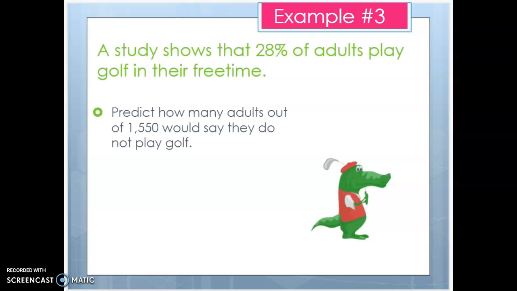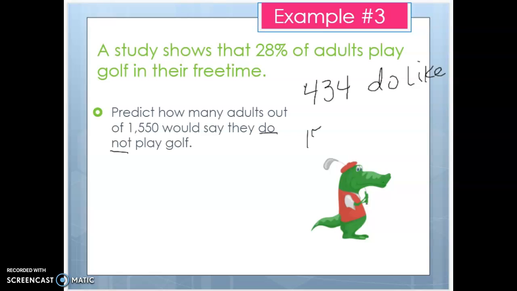Second one says predict how many adults out of 1,550 would say they do not play golf. So, of course, you need to make sure that you're reading these questions carefully because they gave us information about those who do, and then you have to figure out how many do not. So I could actually do this a couple different ways. We just found that 434 do like golf.